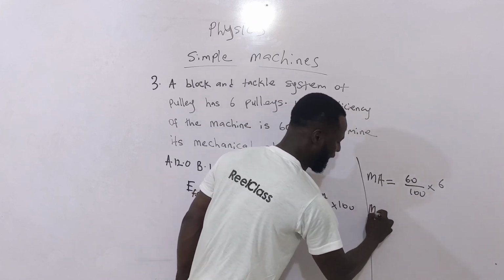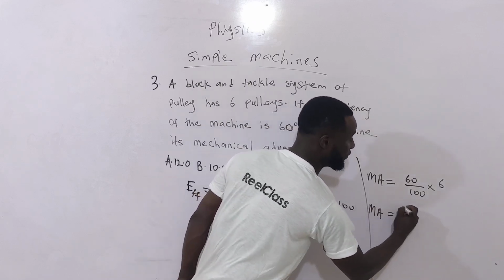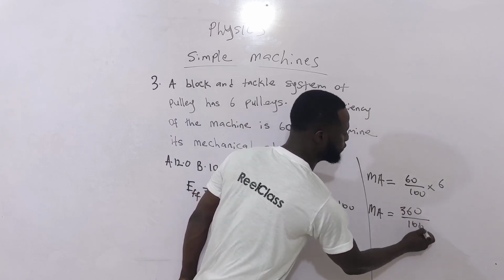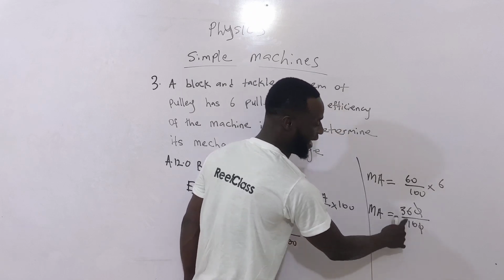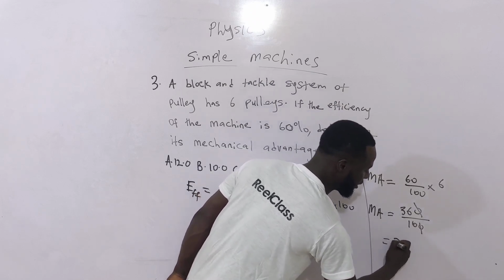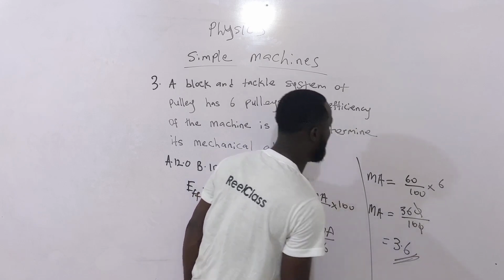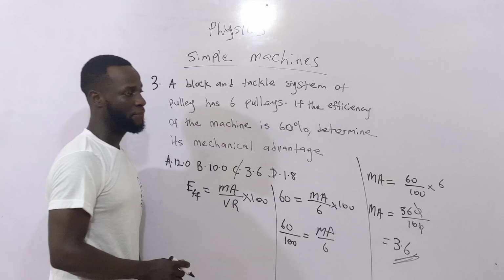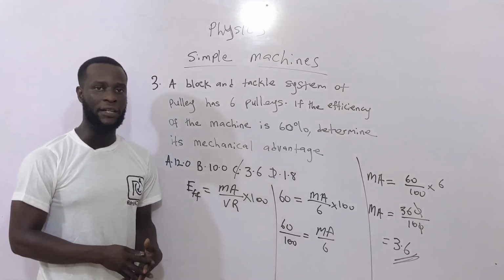So mechanical advantage is equal to 360 over 100. This will cancel out this. 10 into 36 is 3.6. That is our mechanical advantage, 3.6. Option C. Let us look at our next question.